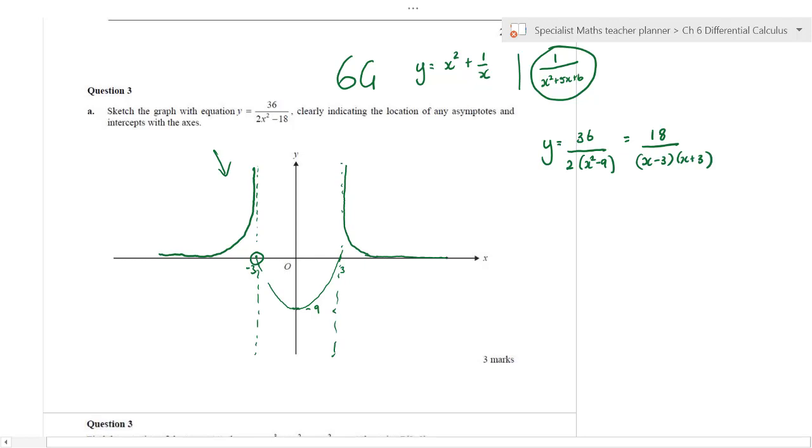Now, this is where it gets a little bit tricky. Let's think about it. Here we have a minimum, don't we? So over here, this was a minimum. What would a minimum become when we do the reciprocal of it? It becomes a maximum. And minus 9 becomes what?